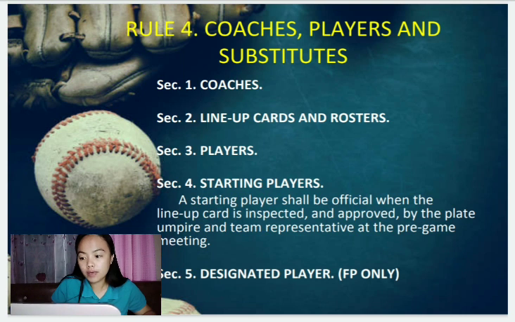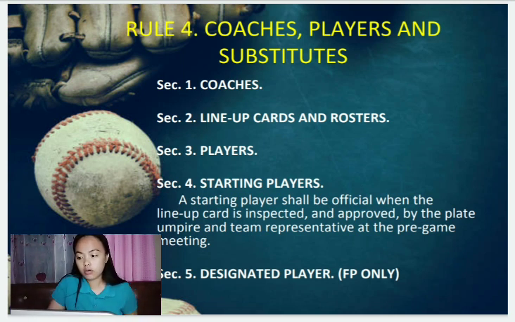The starting DP may be a substitute and may re-enter one time. And the name of the defensive player for whom the DP is batting is listed with his position on the lineup sheet. The starting player listed as the DP must remain in the same position in the batting order whenever he is in the game.